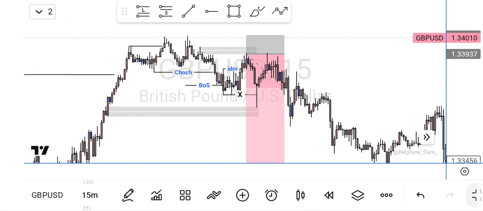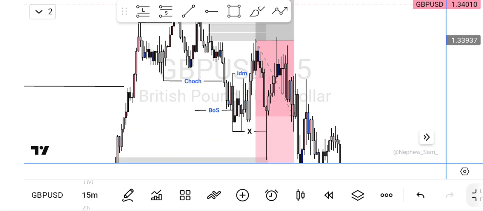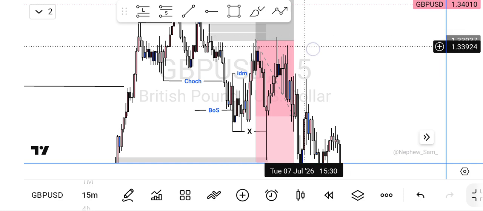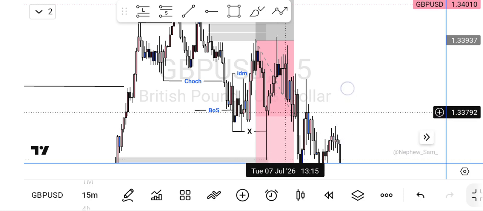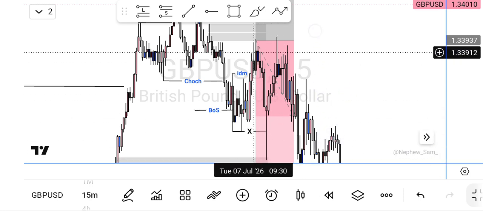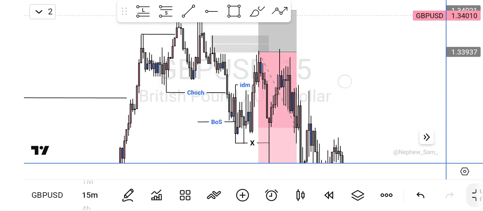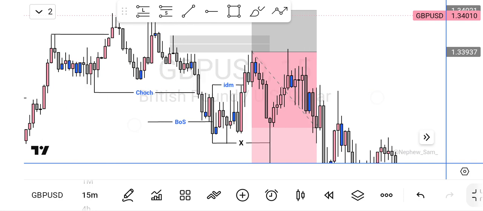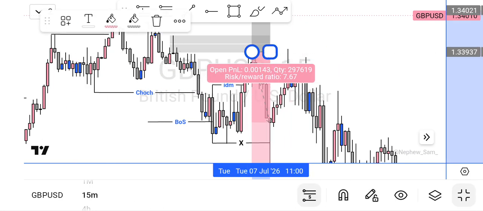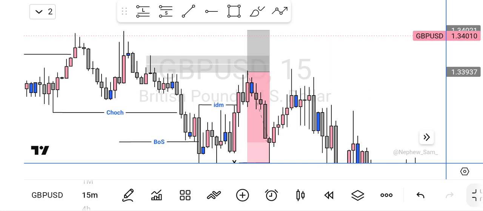So the moment I saw that this is a sweep, under trade management, once price breaks below a structure, I move to break even. So now that I saw that this is a sweep, I already know that there is a good chance my break even is going to get hit. You understand? So that was how the first trade became a break even trade.